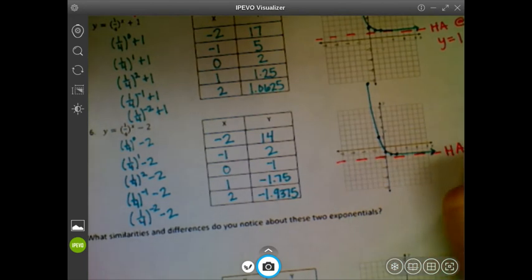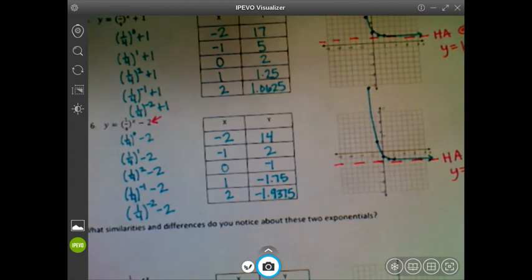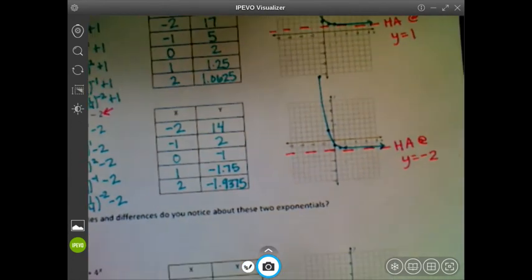And we can see that in the equation in terms of the fact that there is a negative 2 right there. So that number at the end being added or subtracted is affecting your horizontal asymptote. It is either making it go up or down. It doesn't make it go left or right at all because it doesn't make sense to move a horizontal asymptote left and right because it's already running left to right.